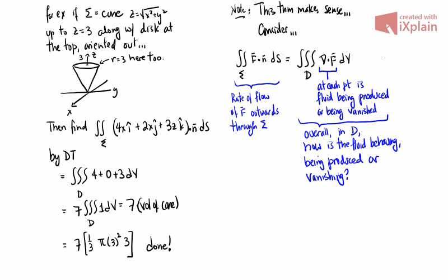So this kind of makes sense, because if you think about it, here's a picture that can help. I'll do it in green. If you had a surface like sigma, and let's suppose that your fluid was flowing like this, always out. So what happens is the fluid is being produced.